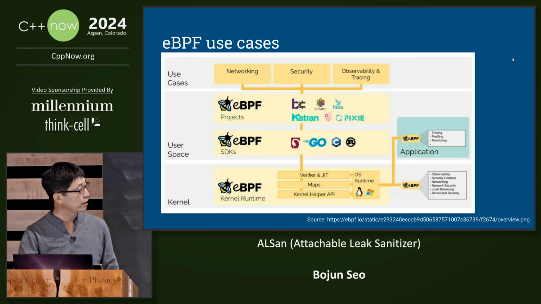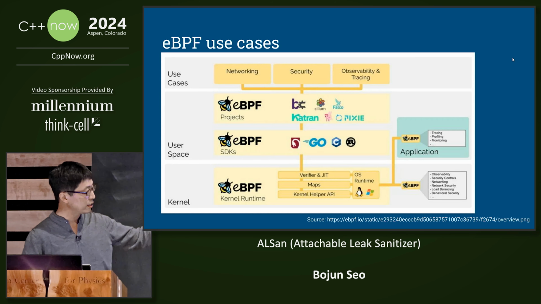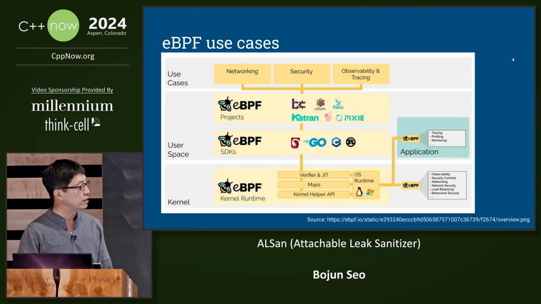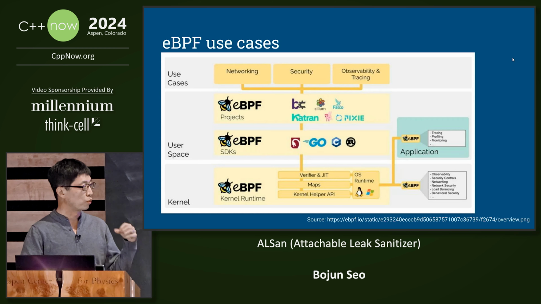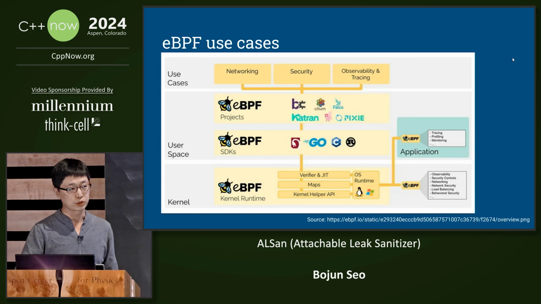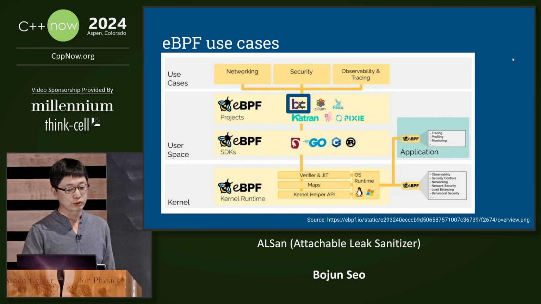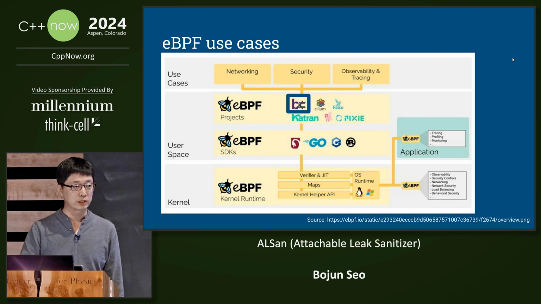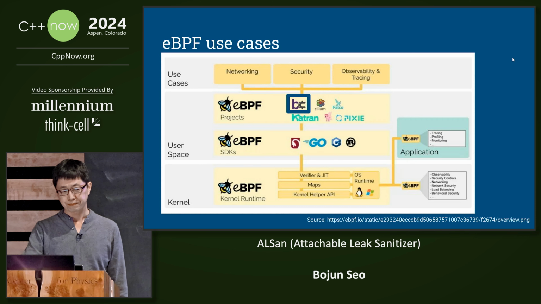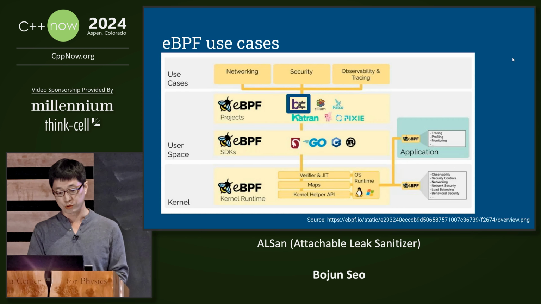There are lots of projects like BCC and Cilium in user space, and many modules in kernel space working hard to support these features. BCC is one of the most famous open source projects in this community, and Attachable LSan is implemented based on the BCC project.